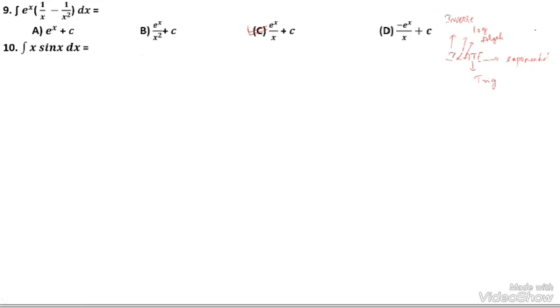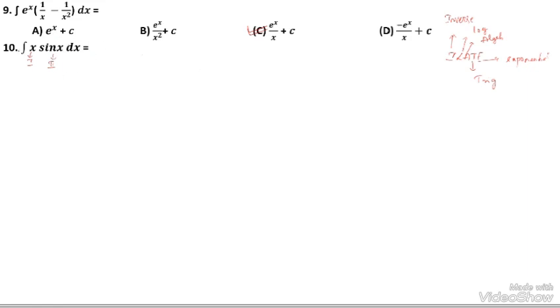Here there is an algebraic function and a trigonometric function. So I take the first preference for the algebraic function and the second preference for the trigonometric function. Based on the preference, we can use the formula.